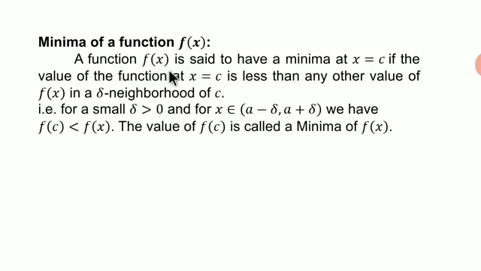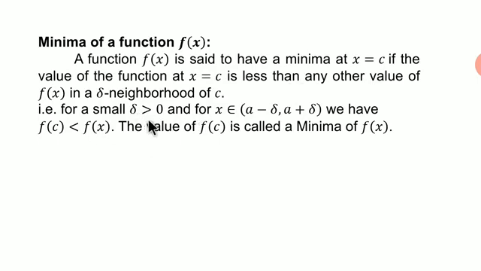Now see minima of a function f of x. A function f of x is said to have a minima at x is equal to c if the value of the function at x is equal to c is less than any other value of f of x in a delta neighborhood of c.